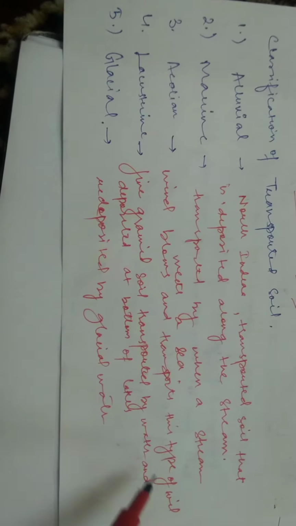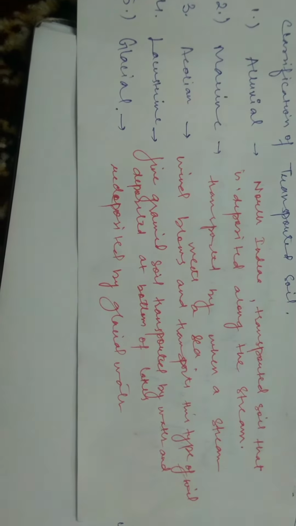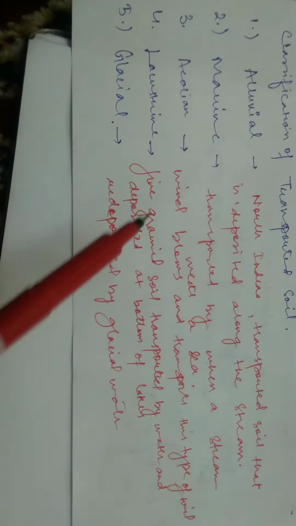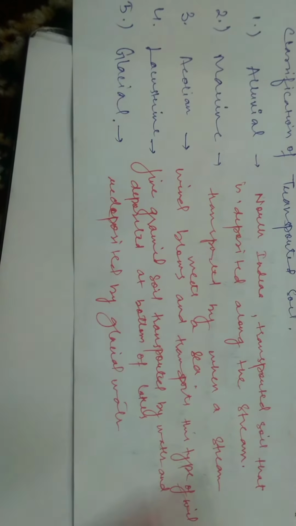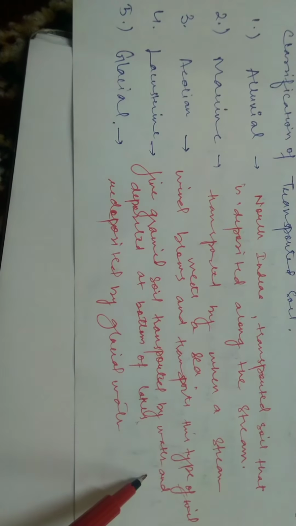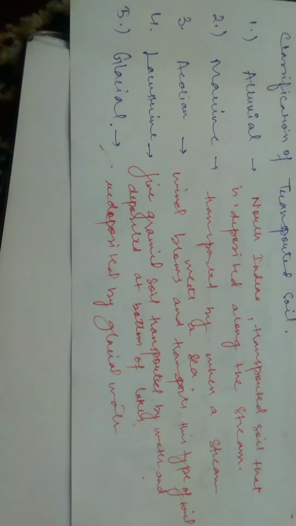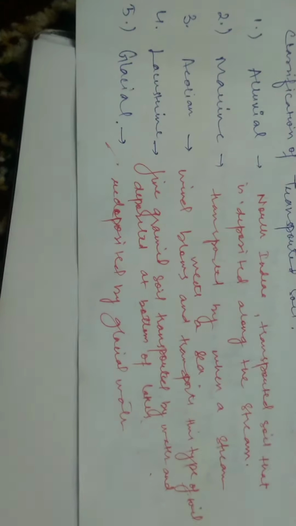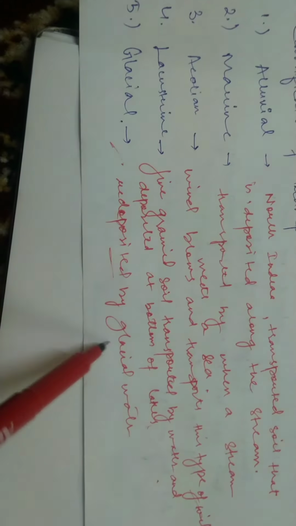It refers to aeolian soil, that is preferably sand. Now the next type is the lacustrine soil, the fine grained soil that is transported by water and is deposited at the bottom of the lakes. Now the glacial soil, as the name suggests, is formed by glacial water, or is redeposited by the glacial water.